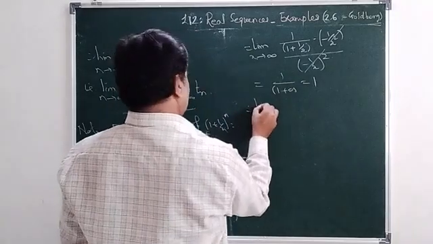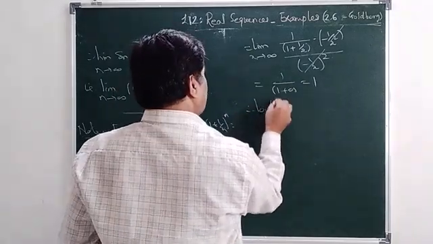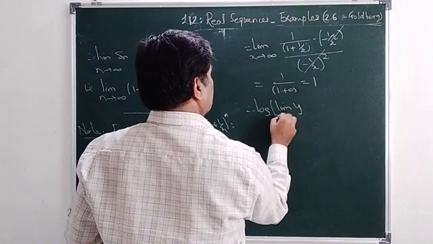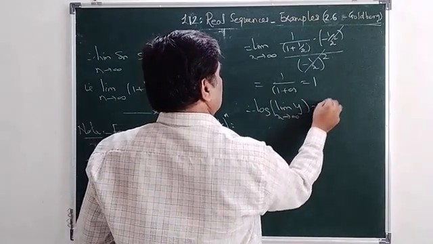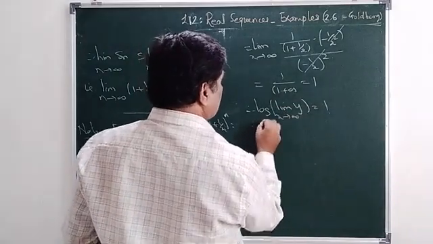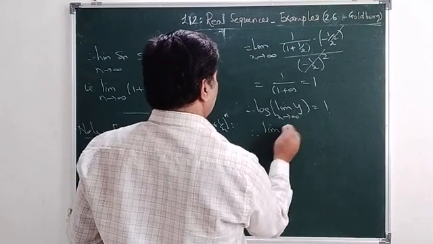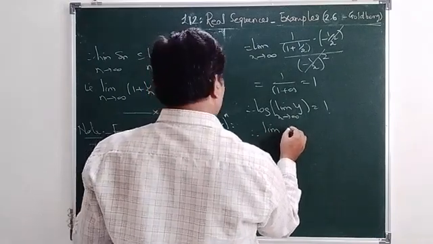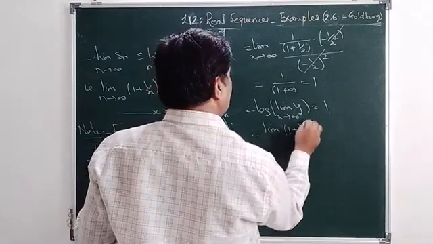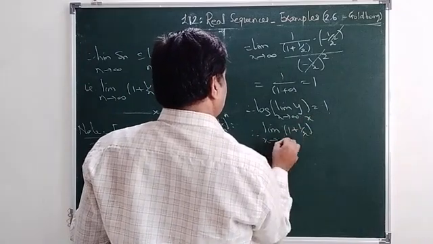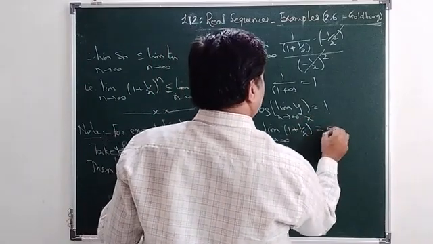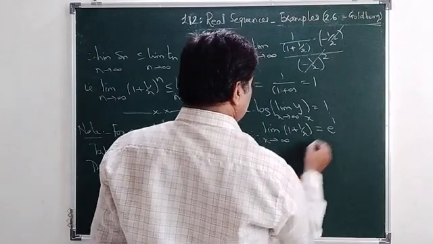And therefore, log of limit y is equal to 1. Taking antilog, limit y, which is your 1 plus 1 by x raised to x as x tends to infinity, is equal to e raised to 1, that is e.